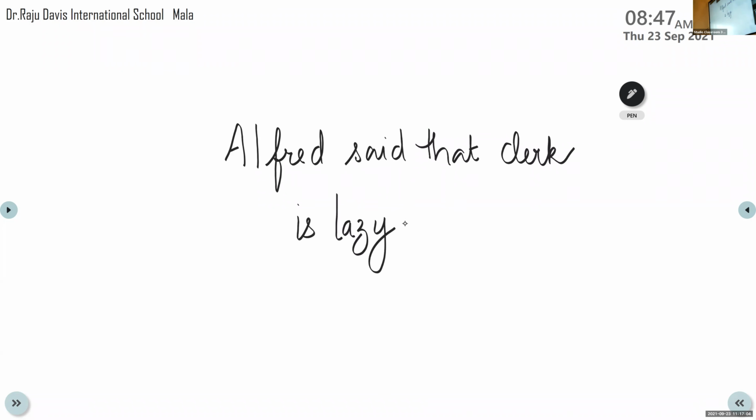How would you put the pause? Or where would you put the pause, if the clerk is the one speaking? Alfred said that clock is lazy.